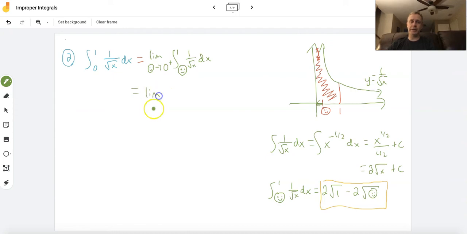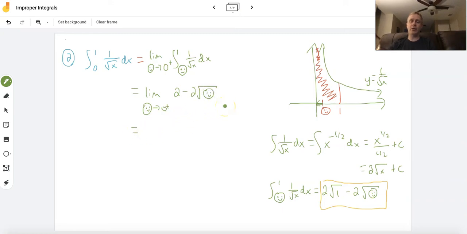So I'll bring down this limit as Mr. Smiley Face approaches 0 from the right, and I'll plug in the value of this definite integral, which is 2 minus 2 square root of Mr. Smiley Face.